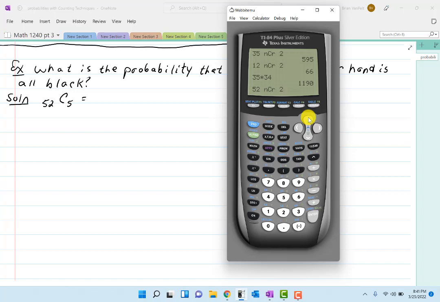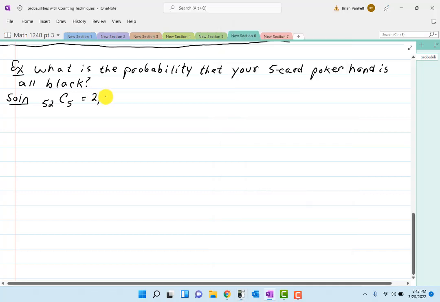Change that to a 52, and then we want a 5 there. Enter. So we got 2598960.